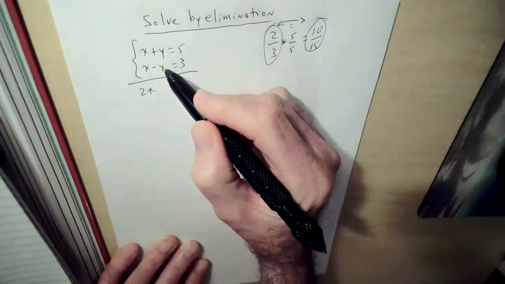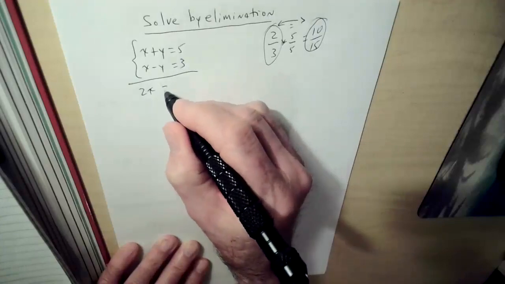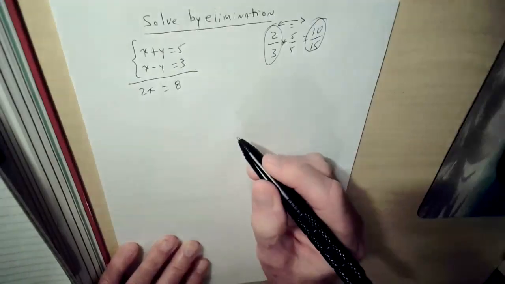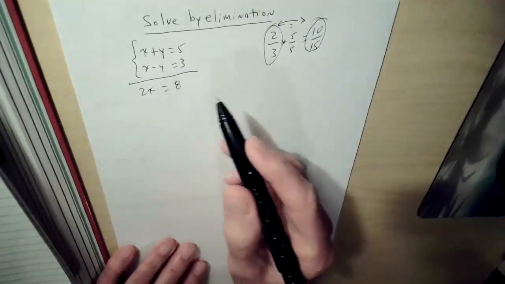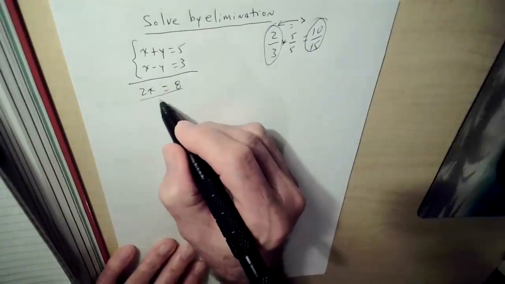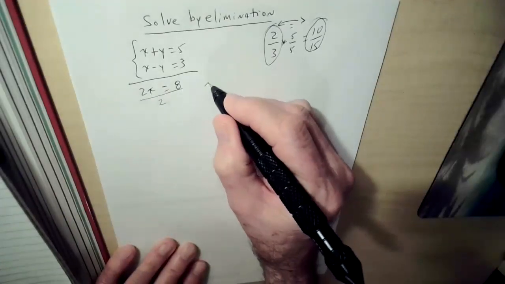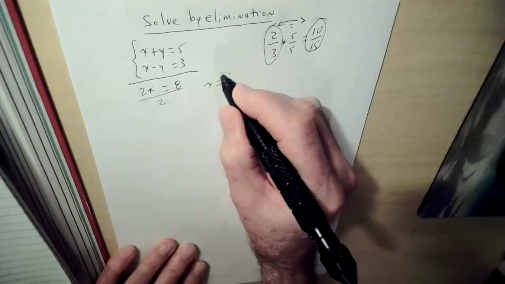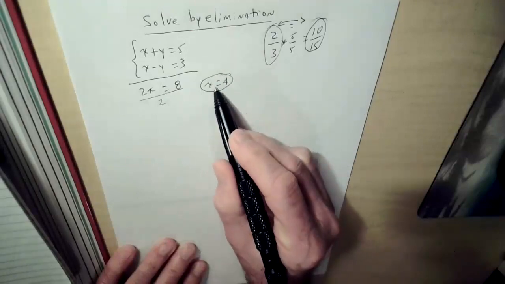Anything minus itself is 0. Equals 8. Okay, now we have one variable here. Divide by 2. So x is 4.